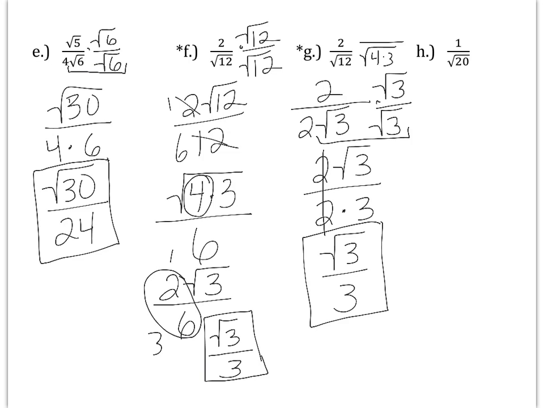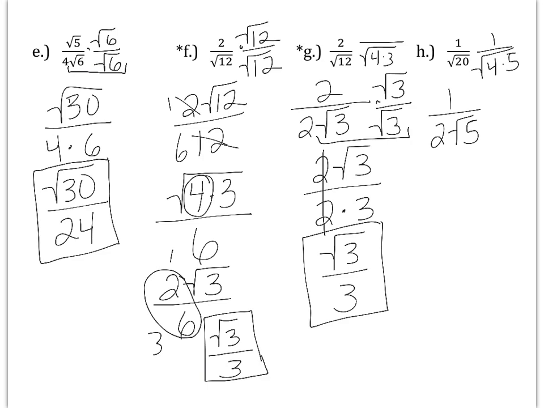If you look at h, your gut might tell you, well, let's multiply the top and the bottom by the square root of 20. But if you think about that, the square root of 20 has a perfect square that goes into it. It's 4. So I would start by making the square root of 20 into 4 times 5, and then rewriting the problem as 1 over 2 square root of 5.